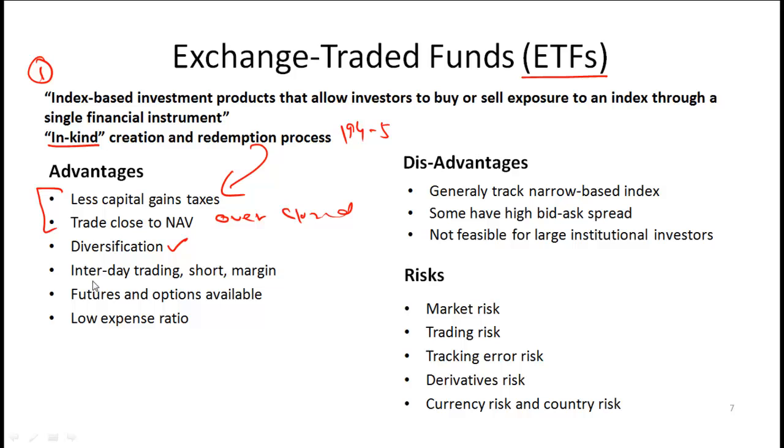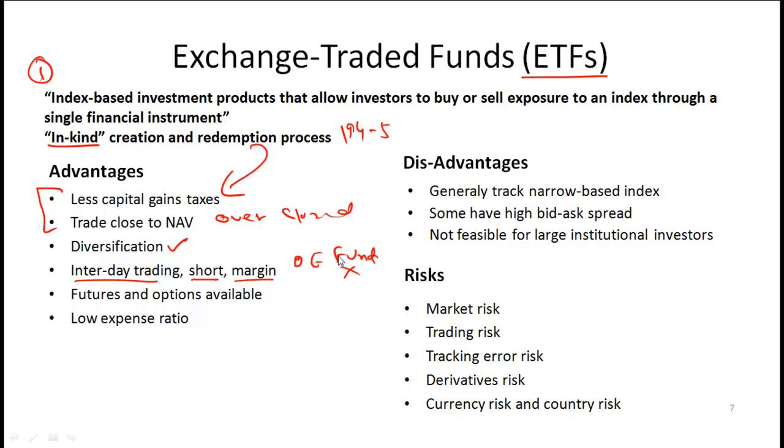Exchange traded funds, the shares, you are allowed to do intraday trading. You can short the shares, you can do margin transactions. Now a quick point here is that with open-end funds, you cannot do intraday trading. These open-end funds are redeemed at the end of the day based on market prices of the underlying shares at the end of the day.